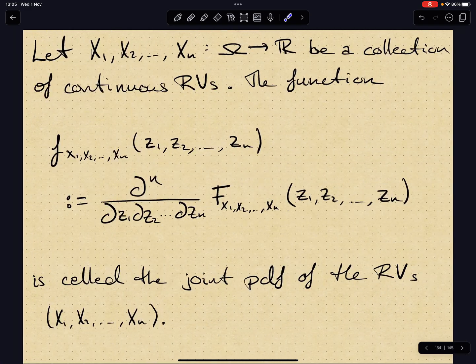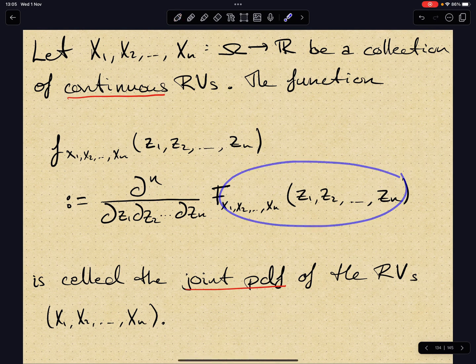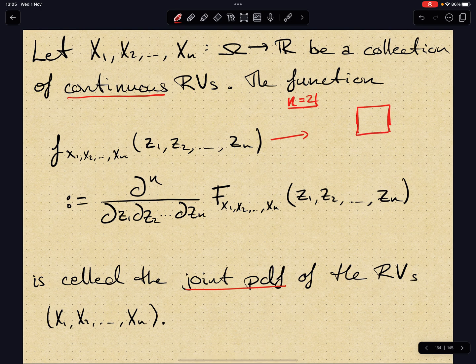Then we have the generalization for the joint PDF for a collection of random variables. In this case, it's going to be the continuous ones. It's going to be the partial derivative of the CDF from the previous slide with respect to each of the variables. For n equals 2, the idea is that this is measuring the relative probability of having your random variables in a box of size c1 to c1 plus delta c1 and c2 to c2 plus delta c2.